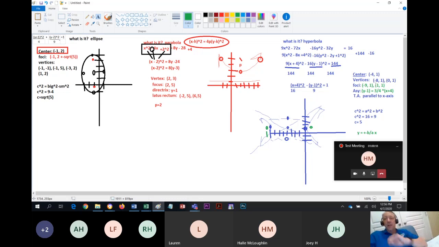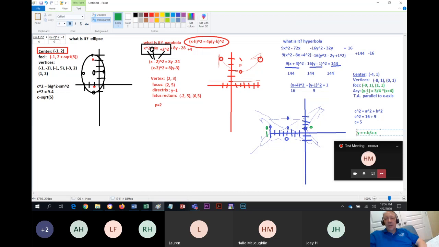But basically, it's the same thing, y equals plus or minus b over a, but now you have to take into account where your center is, and your center is at negative 4, 1. So it's going to be y minus 1, x plus 4, and then you have your b over a that works the same as it always did. Okay? So if your x and y's were actually, no, never mind. Never mind, I got it.